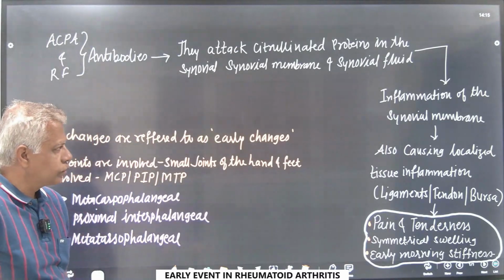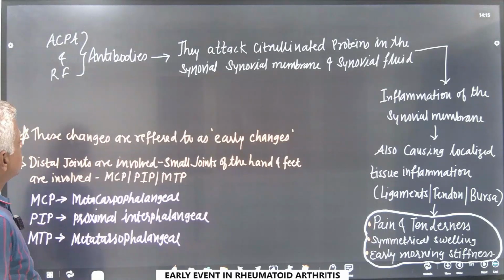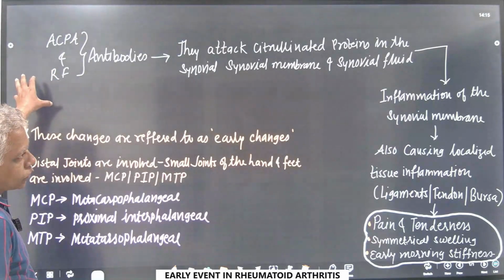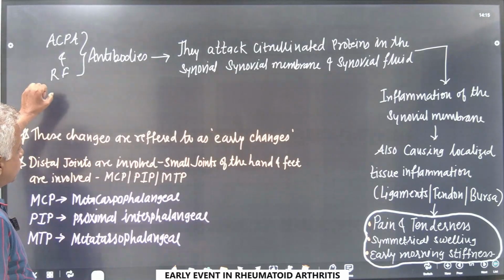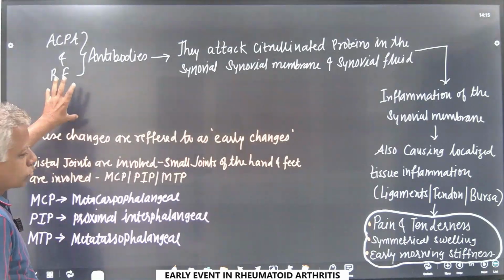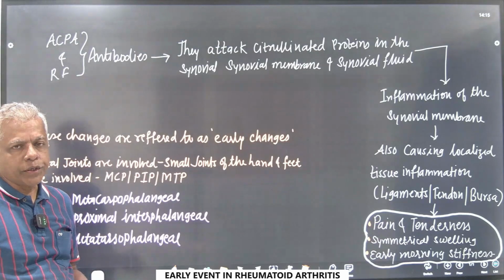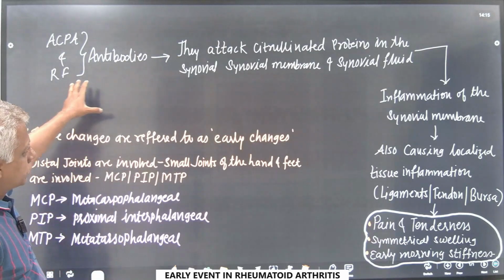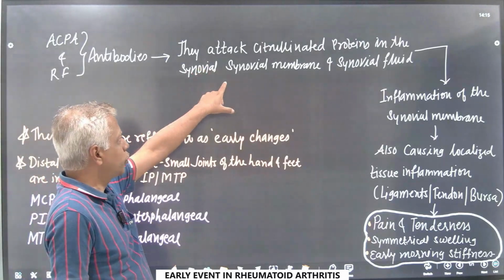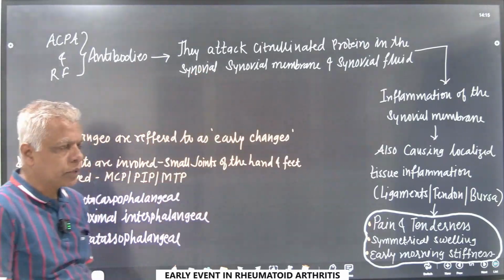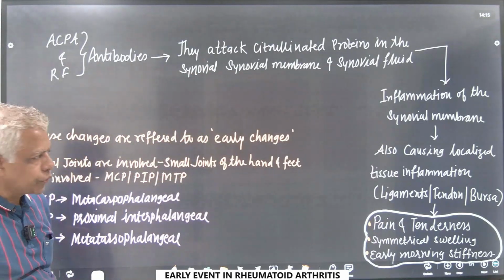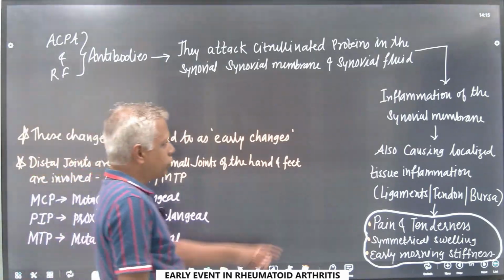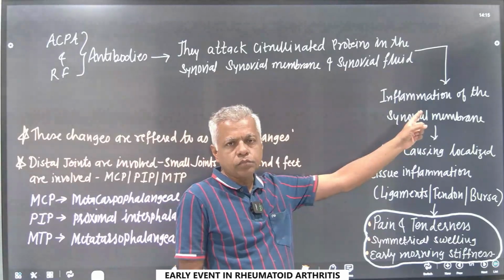So, see here, these antibodies, that is anti-citrullinated protein antibodies and the rheumatoid factors, we know they are already circulating in the blood. We have seen the process, and these antibodies attack the citrullinated proteins in the synovial membrane and in the synovial fluid, and it leads to inflammation of the synovial membrane.